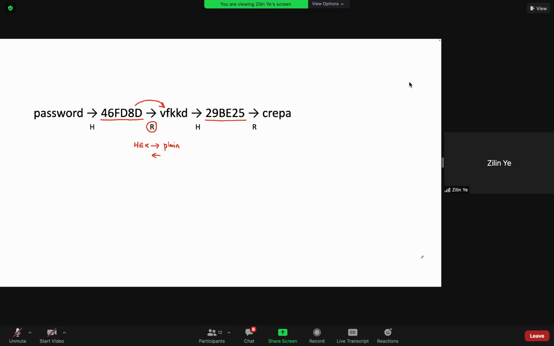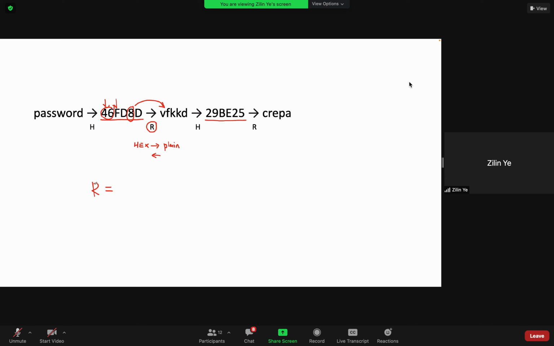Confused how you get VFKKD? Well, this depends on what type of reduce function you're using. I can define a type of reduce function that just takes all the numbers in a hexadecimal string.